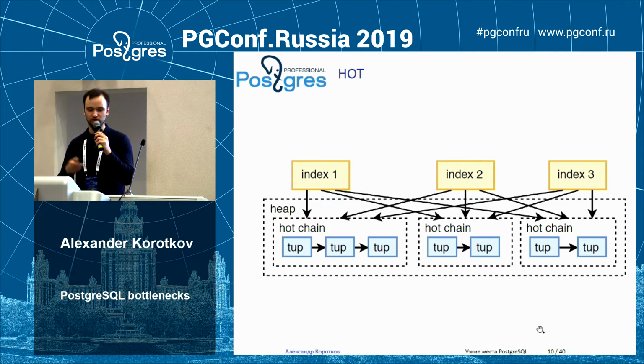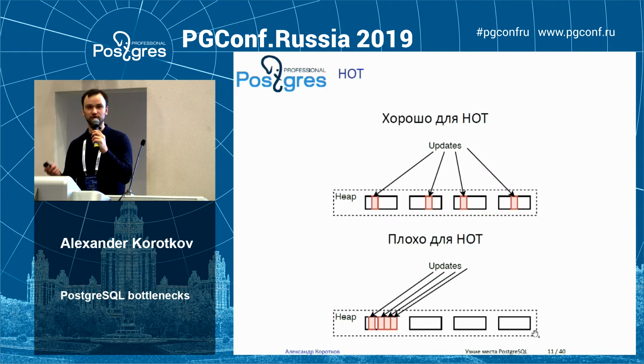And in the heap, HOT chain structures are created. So we find this HOT chain and then we choose the right tuple. Seems like everything is okay, but it's better when we have equal loads.